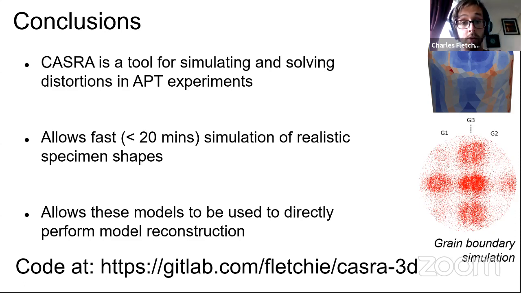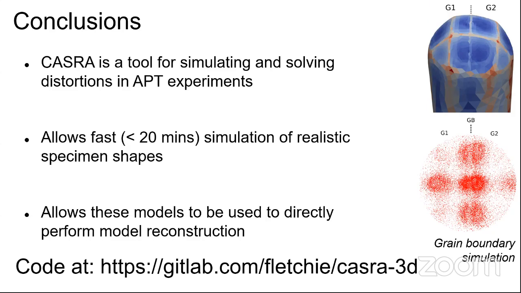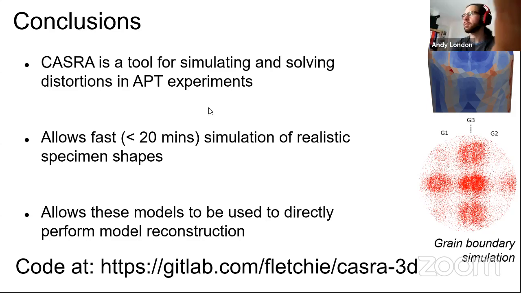But at the minute the geometry is fixed, but you could in theory do a similar procedure of what's called shape optimization, where you basically change the geometries of the phases over time and then try and match up the reconstruction to the model you started with. So yeah, you could do it, but I've been looking at iterative reconstruction, varying evaporation fields, but just keeping the specimen geometry fixed at the moment.